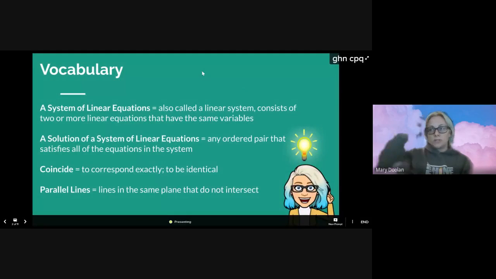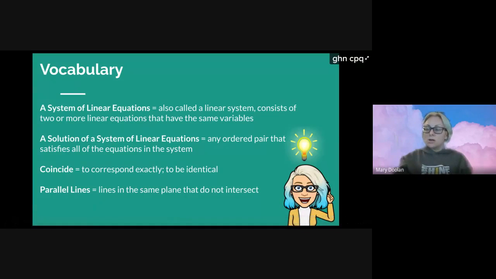So here's our vocab for today. System of linear equations, frequently called a linear system. Okay, so system for short means that we're talking about a system of linear equations. It consists of 2 or more linear equations that have the same variables. The ones that we're going to be working with are going to have 2 equations in the system.